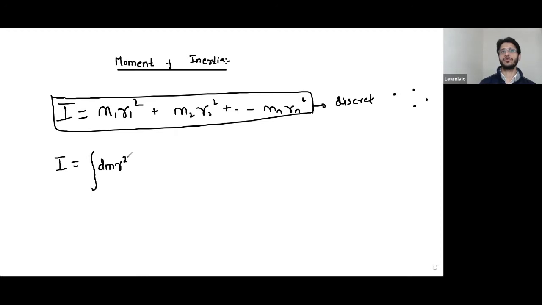If you have a continuous distribution, then you can write your moment of inertia as integral of dm r square. Instead of adding, you will integrate it.